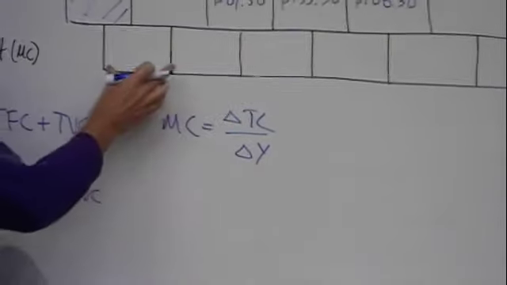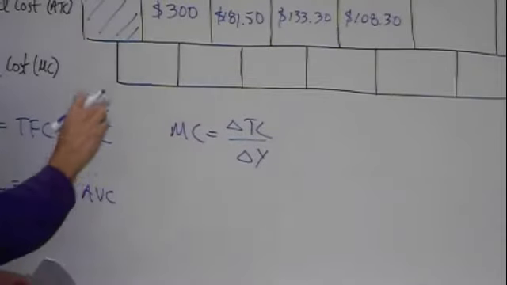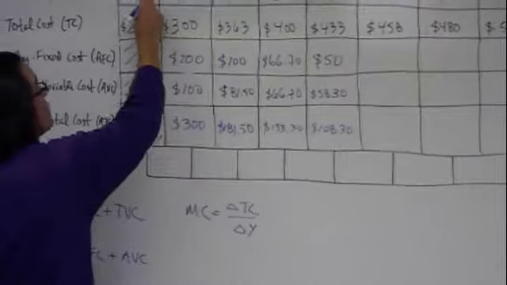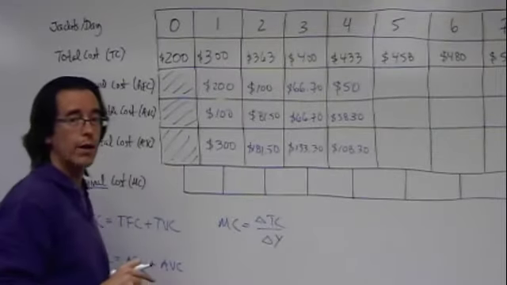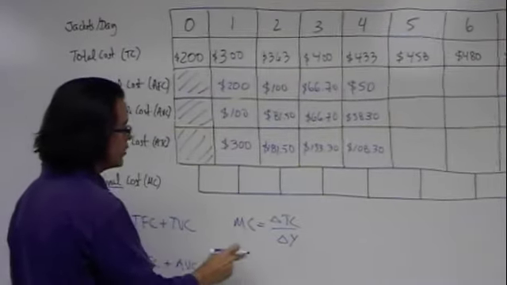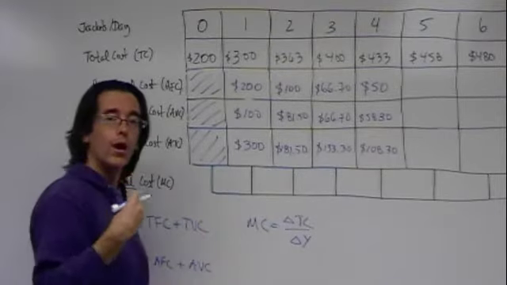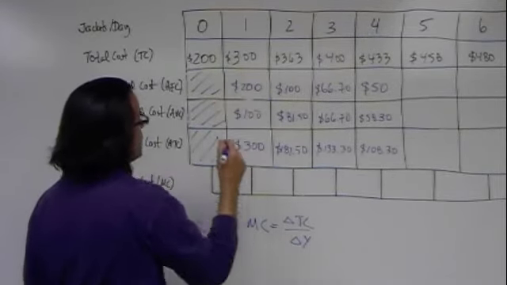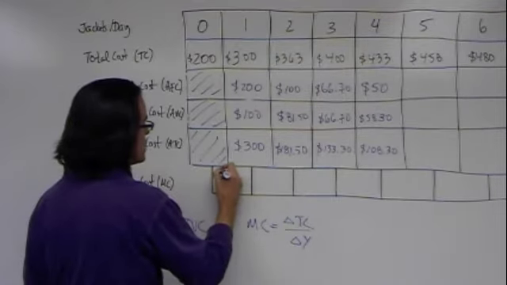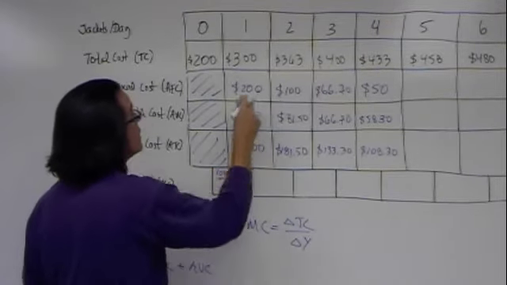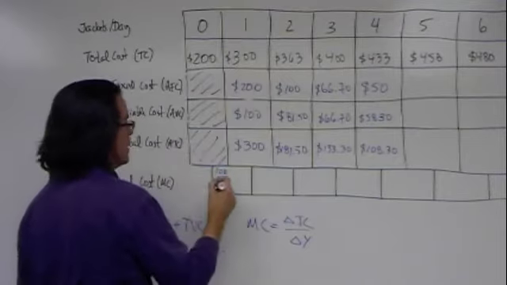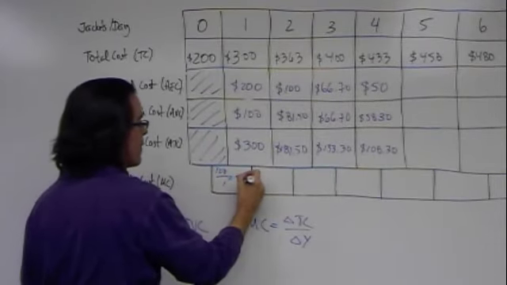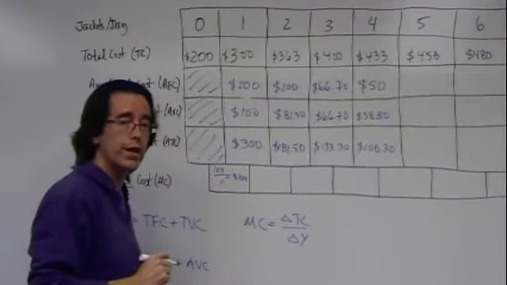You'll notice these cells are a little offset because we're saying, what is the marginal cost as we move from 0 output to 1 output? According to our equation, we want to look at what's the change in the total cost. So 300 minus 200 is going to give us 100, divided by the change in the output. That's 1 minus 0, which is 1. So our marginal cost is 100.